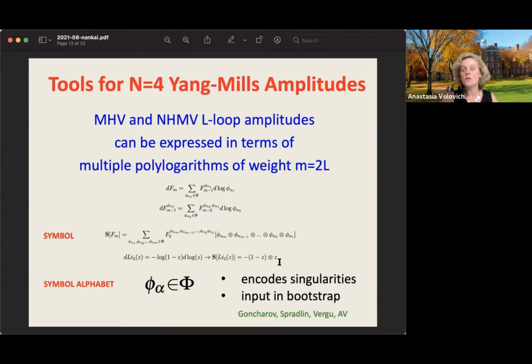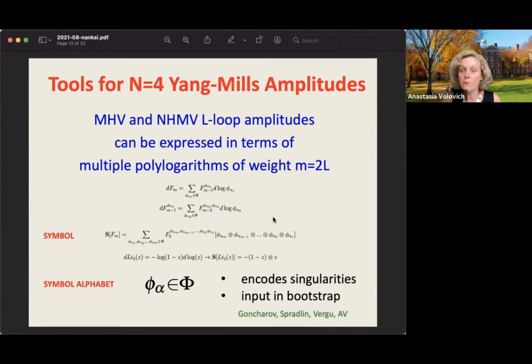Okay, so these amplitudes are some polylog functions of some momentum twistors, and the object that I'd be interested in is the collection of the arguments of these logs sitting here, and that's called the symbol alphabet. Sometimes I will be using the slang that these sets of phi's encode all the singularities of amplitudes.